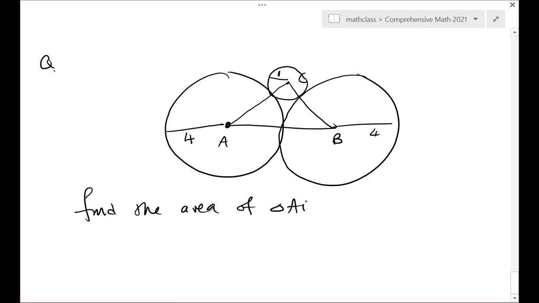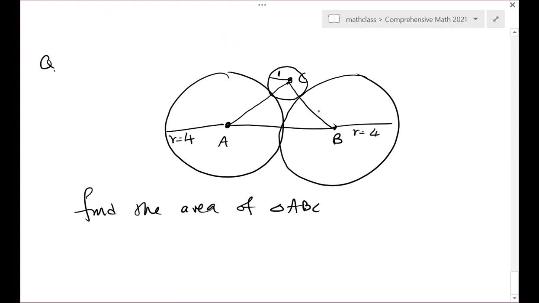ABC connect to the centers. So A, B, C are the centers of those circles. I have two congruent circles, and each of them has a radius of 4. And then I have a smaller circle put on the top.